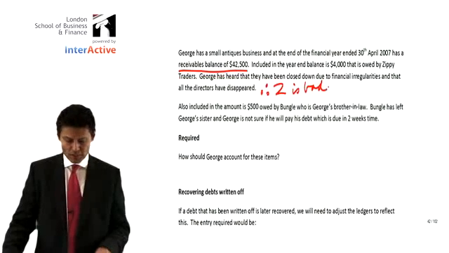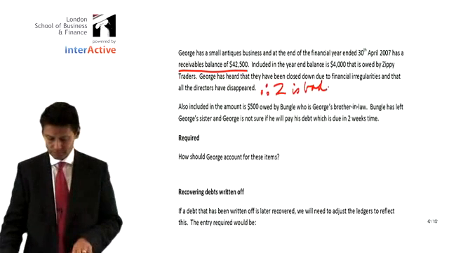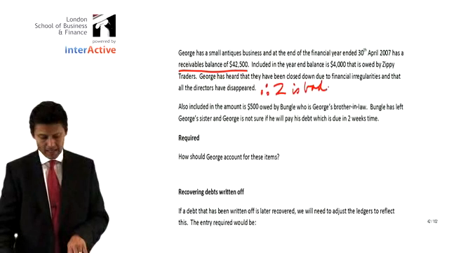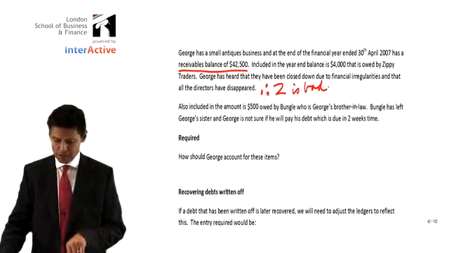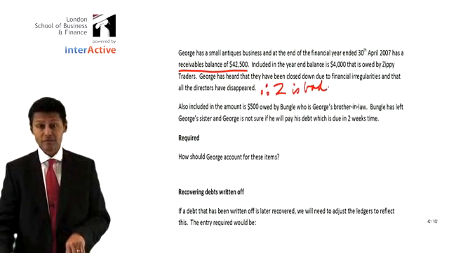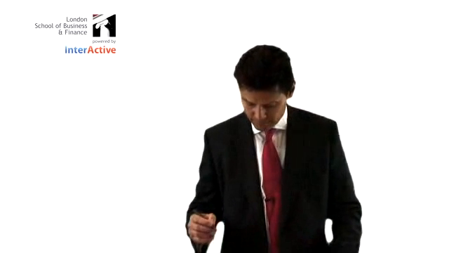So, what shall we do? How should George account for these items? I'll tell you what we'll do. Let's write out a bit of an answer so I can explain how these items are dealt with.